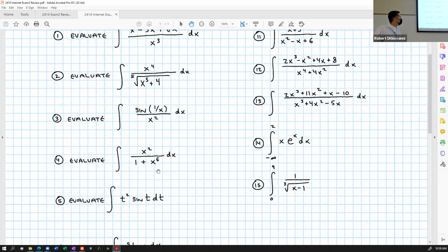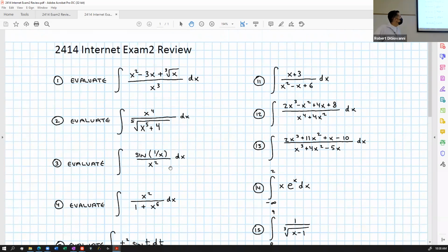Interesting one right here. What's that? By parts twice. It'll take 2 times to get that to work. Oh, hey, that looks familiar. Linear over quadratic. Partial fractions with the long division there, right?